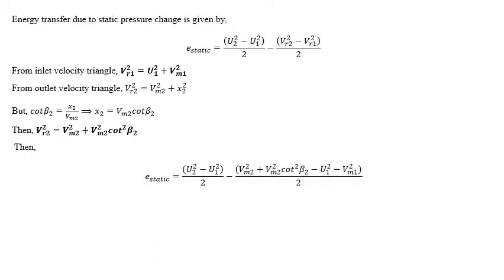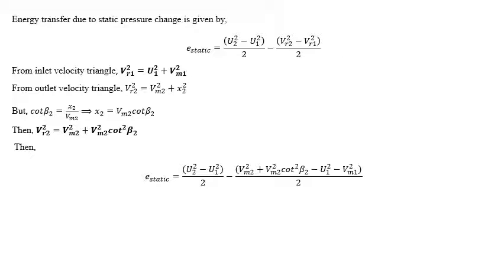Then the static energy transfer is equal to (U2 square minus U1 square) by 2 minus the Vr2 square and Vr1 square, so now we have to substitute the expressions we derived for Vr1 square as well as Vr2 square.